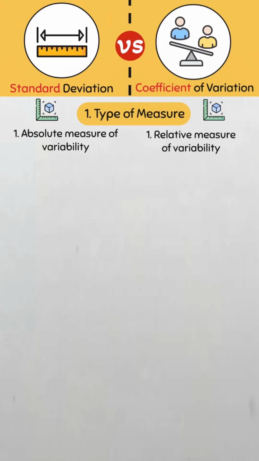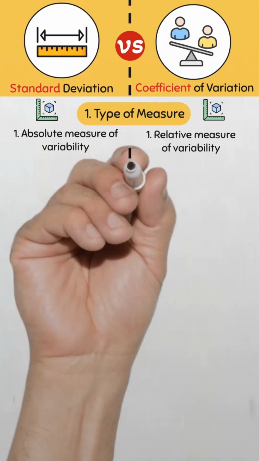So imagine you are tracking the number of daily steps taken by two groups, teenagers and senior citizens. Standard deviation tells you in steps how much each group's daily steps vary from their own average. CV, on the other hand, tells you how big that variation is compared to each group's average steps.